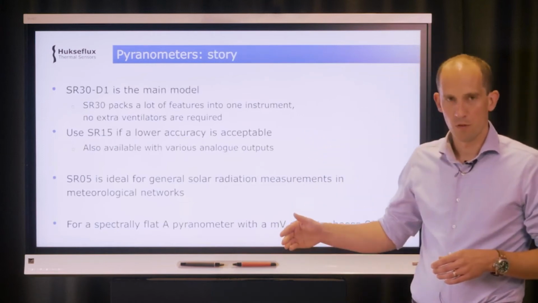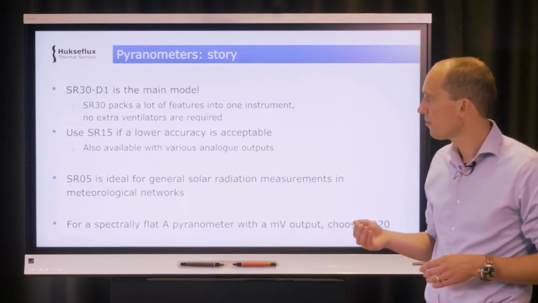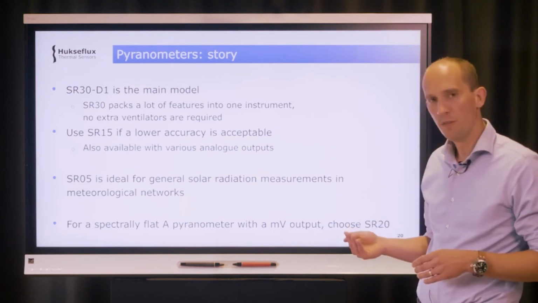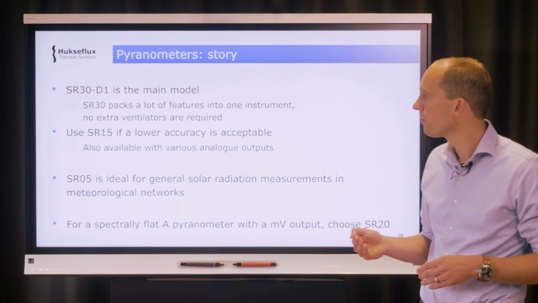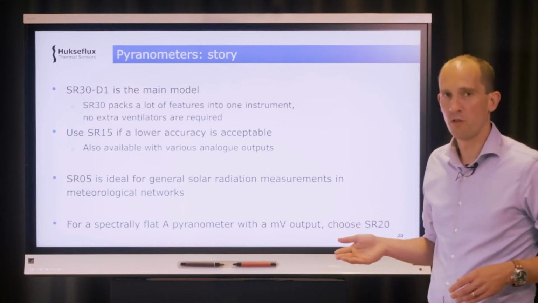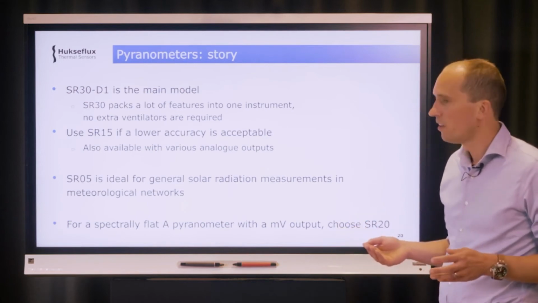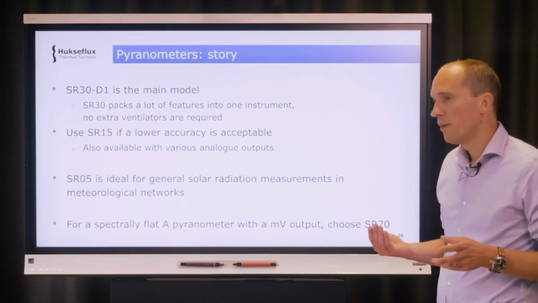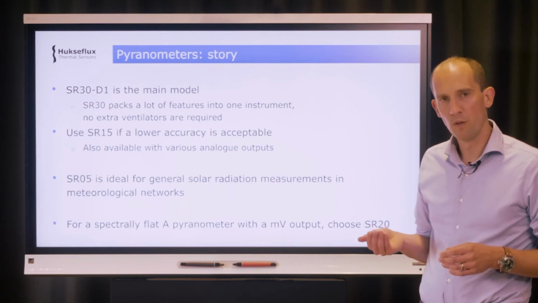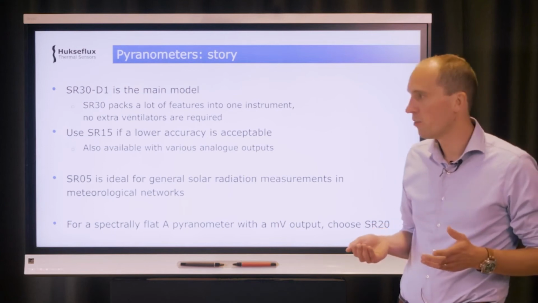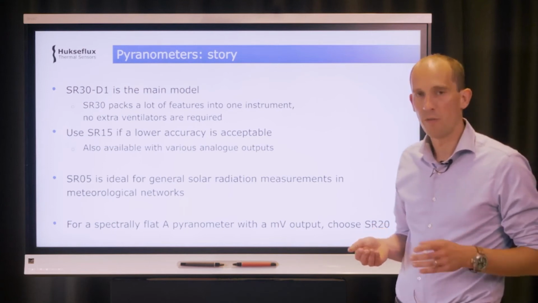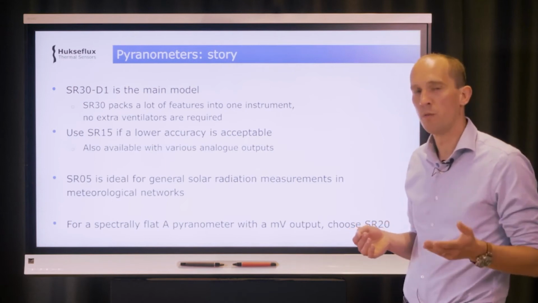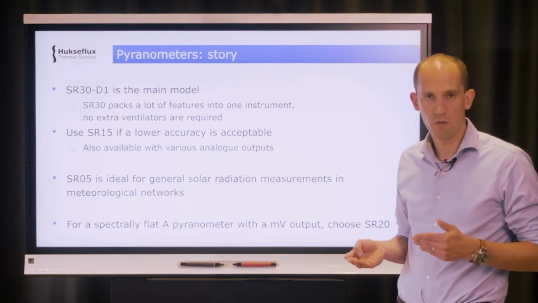So here's the story to go with the pyranometers. Start with the SR30-G1. It's the main model, the most accurate instrument out there. And it packs all the features you want inside a pyranometer. You also need no extra ventilators. If a lower accuracy is acceptable, for example in network operations, you can also use the SR15, which is the spectrally flat class B model, and that one is also available with different analog outputs.